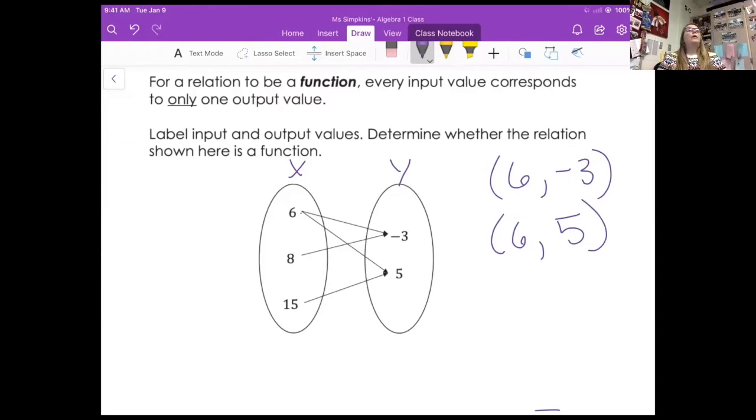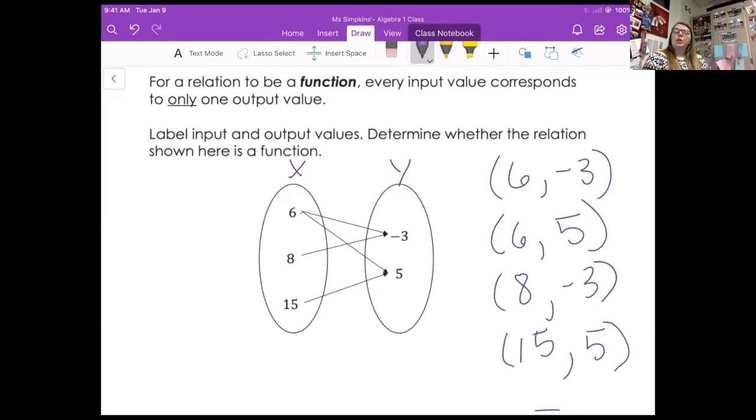What other points could we write from this mapping diagram? Input is 8, output is -3. And the last one would be input is 15, output is 5. So we need to determine, is this relationship a function? Well, I hope you see that 6 input is going with 2 separate outputs. 6 is going with -3 and 6 is outputting 5.